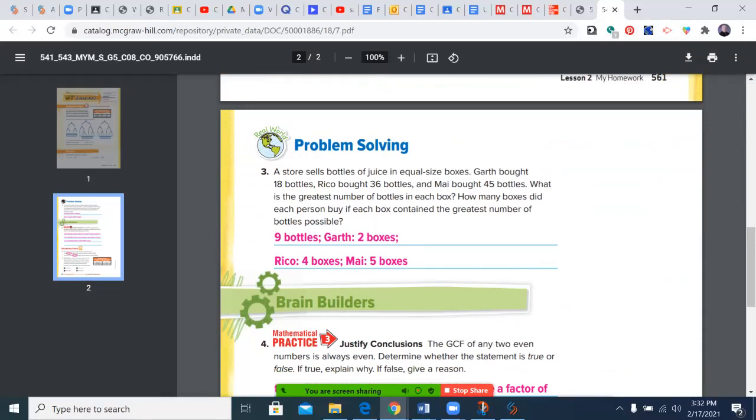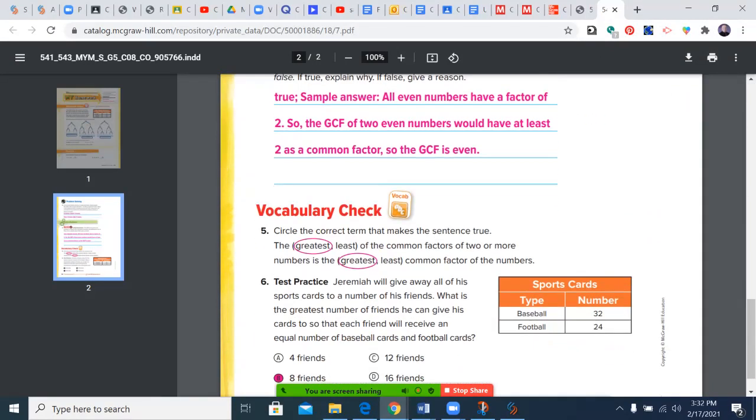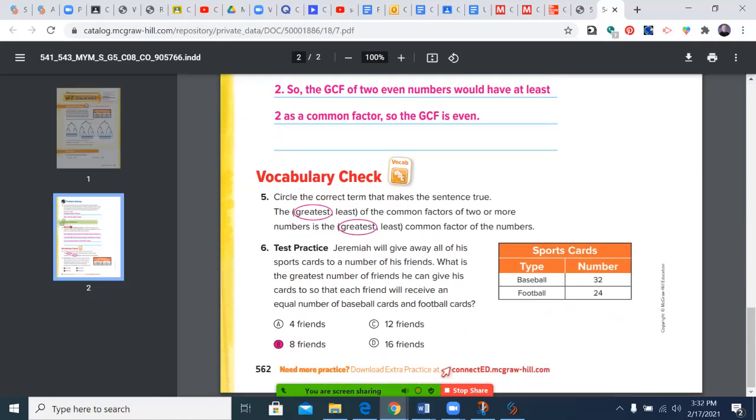The greatest of the common factors of 2 or more numbers is the greatest common factor. Makes sense that you have greatest and greatest. And then the story problem.